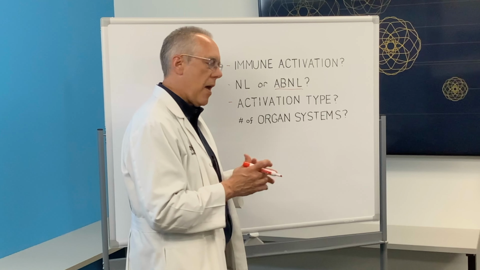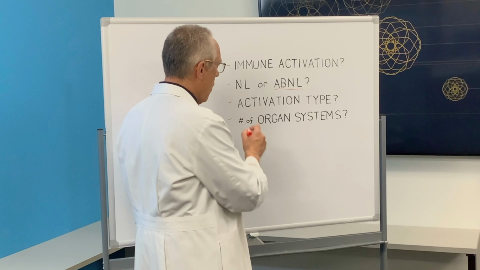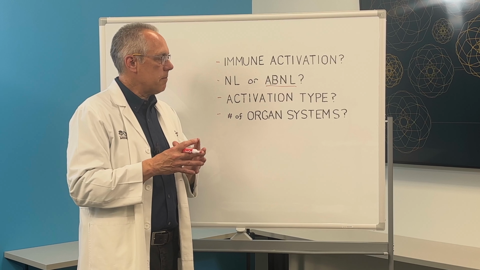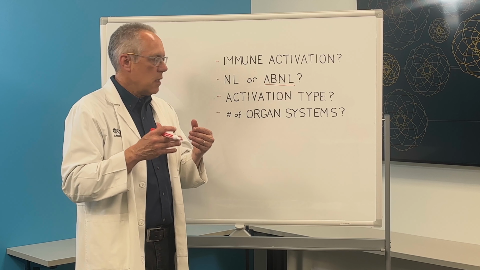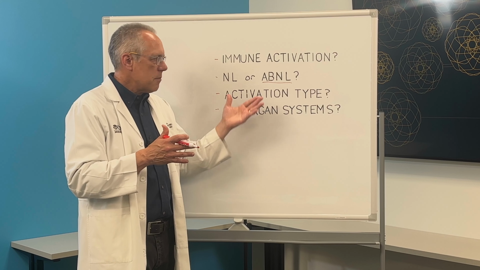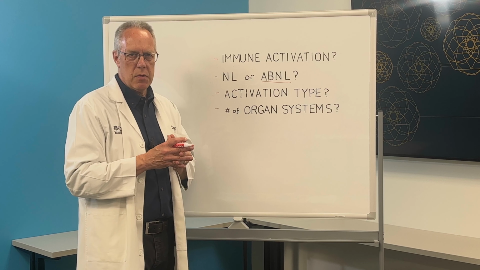And then we want to go back to where we were before and pick up, like we do in all differential diagnoses, how many organ systems are involved with this abnormal, perhaps inflammatory type problem.